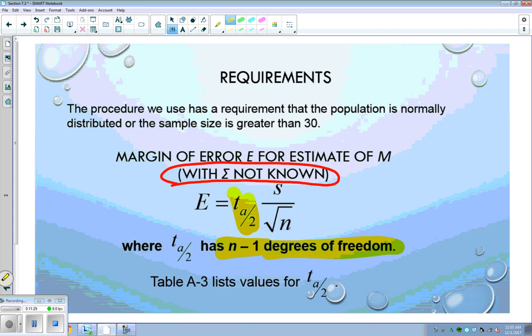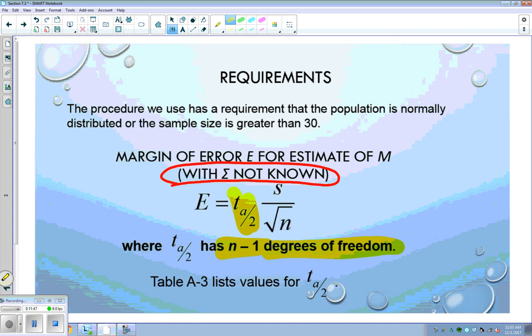So I'm just going to steal this one because the two of you can share for a second. That's your pink table, and it is your t distribution table. Got to know how to read the table. First, I've got to know about my degrees of freedom.